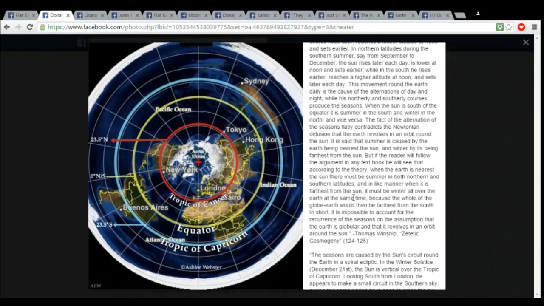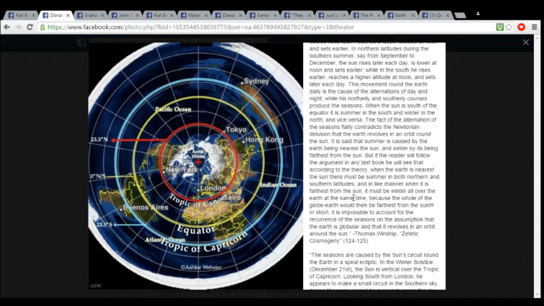It is said that summer is caused by the Earth being nearest to the sun and winter by being furthest from the sun. But if the reader will follow the argument in any textbook, he will see that according to the theory, when the Earth is nearest the sun, there must be summer in both northern and southern latitudes.